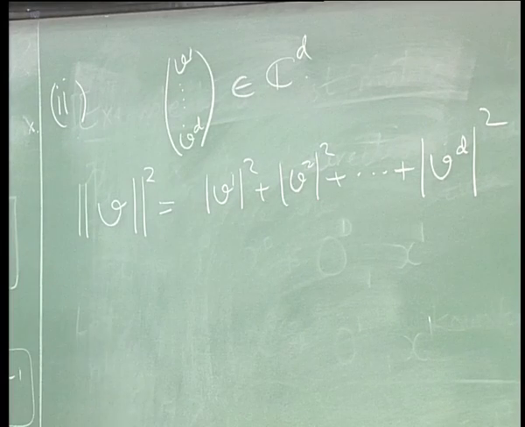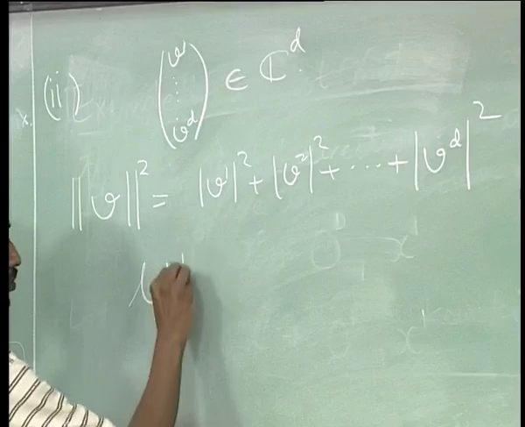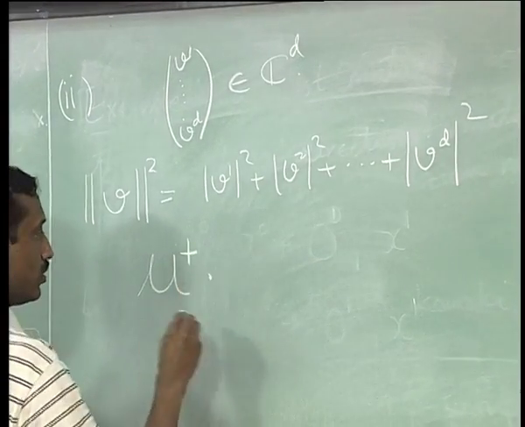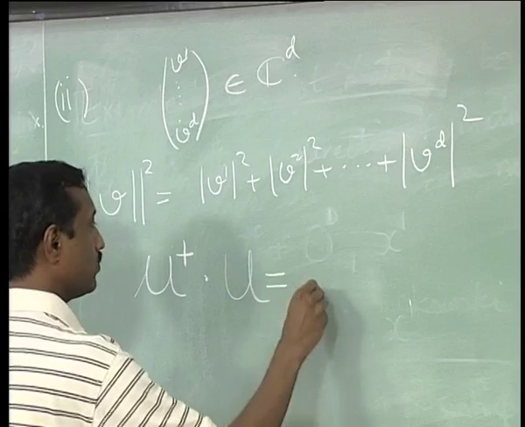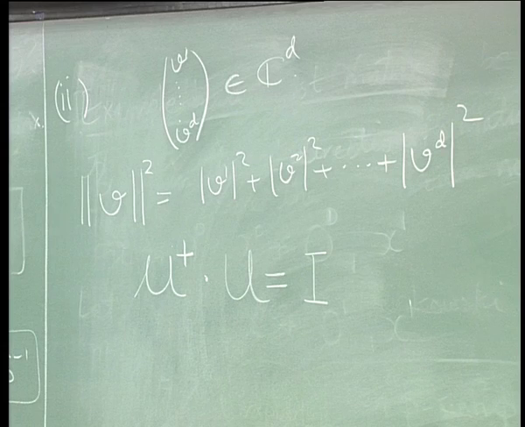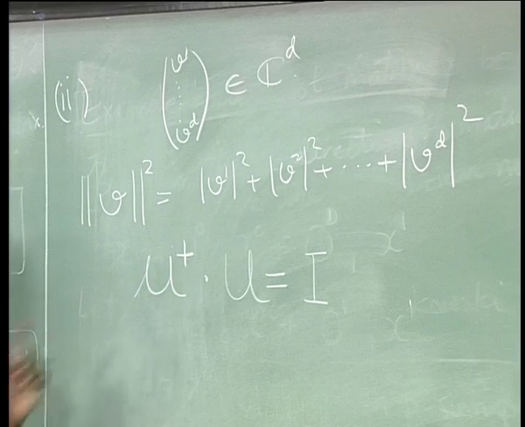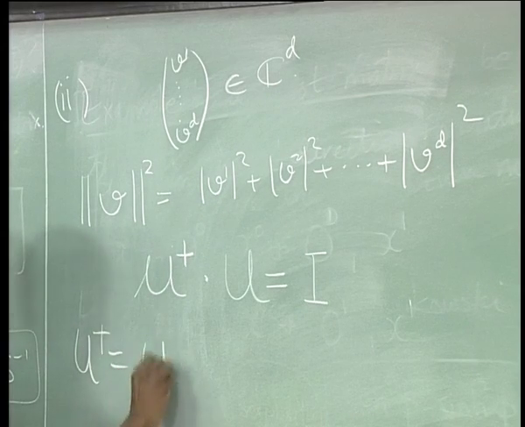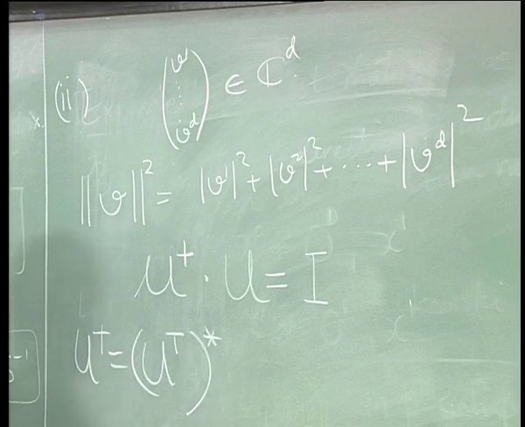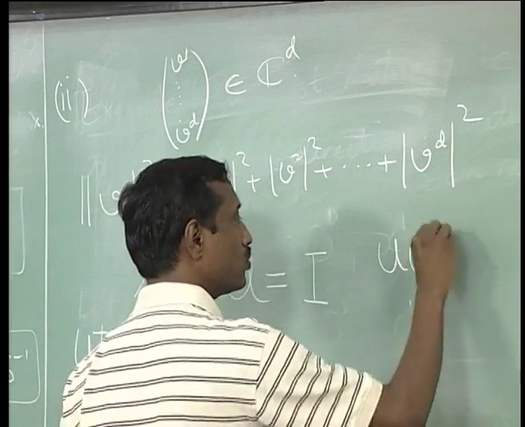You look for linear transformations which preserve this norm, and you get a condition which I will write out for you: u dagger u equal to identity, because what we have here is V1 star V1. So, u dagger is u transpose star, and u need not have real entries anymore, they can have complex entries. These are called unitary matrices. This will give you another group called U(d).